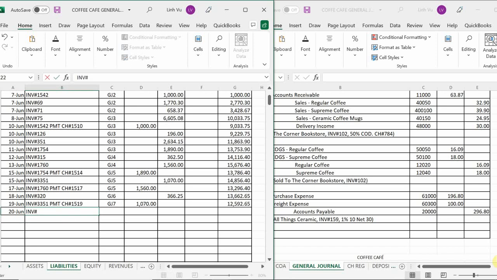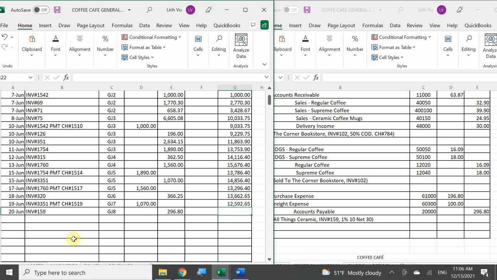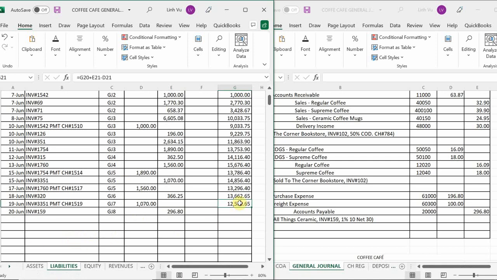Invoice number 159 for $296.80, which then brings my total account balance to 12,889.45. Good, right? 12,889.45. Good.